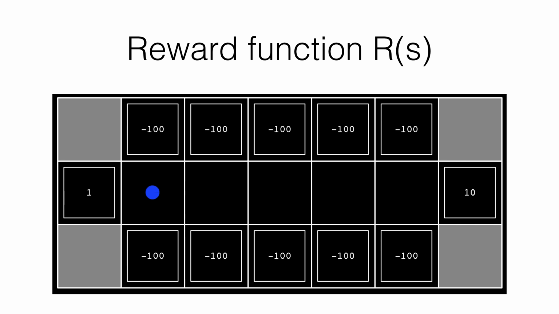You can get a reward of 1 if you move to the left. But if you move to the right, all the way across the bridge, there's a 10, right? And then along the way, adjacent to this path of 0 reward, there are these -100 squares. These are the penalty squares.